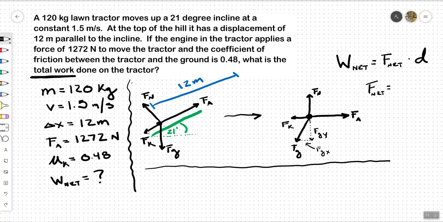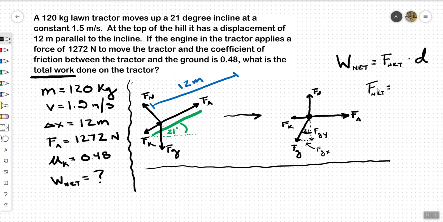Again, this means resolving for a whole bunch of components. So just like we did in the last unit, I've redrawn my picture so that as few vectors as possible are at an angle. So now these are horizontal, applied force and friction force. Force normal is perpendicular to the surface, and the force of gravity is 21 degrees down, which means it has two components, a vertical and a horizontal component.